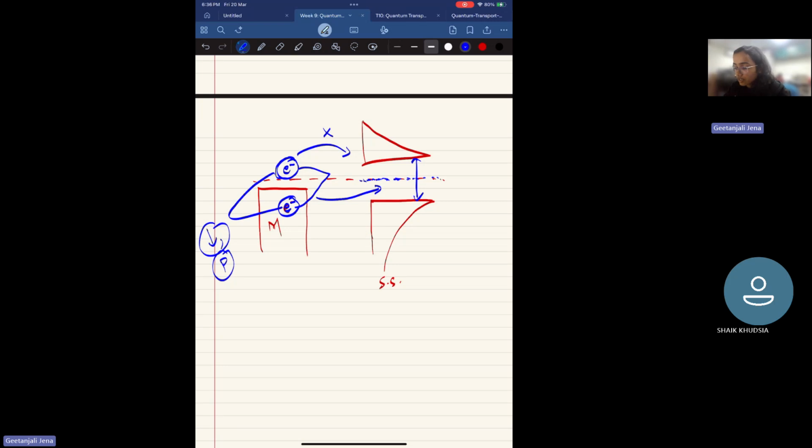And because of this, what happens? There is one electron that has been taken away from the metal. So to neutralize the charge, one hole from the metal side will be reflected.